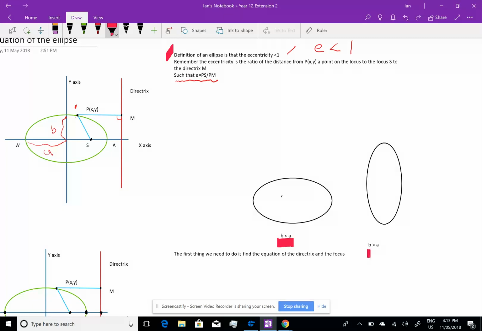But if B is bigger than A, if B ends up being the semi-major axis, we get an ellipse going in the other direction. So that's pretty easy for our starting point.